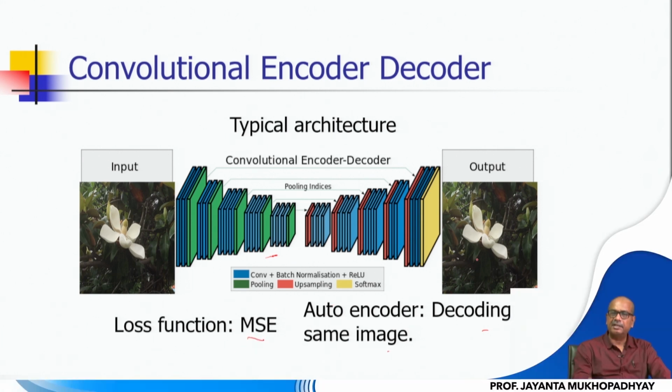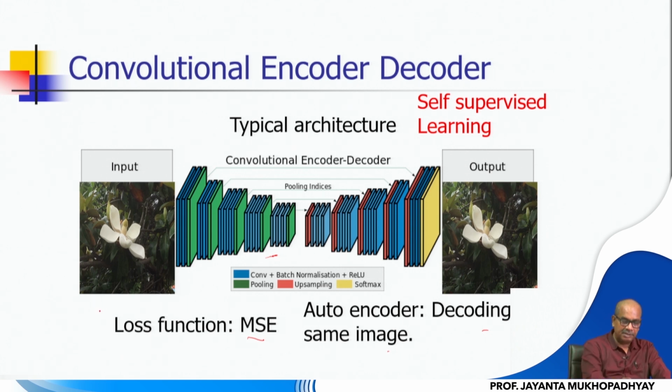Now this has several applications. First thing, you understand that to train this network you do not require annotation, because you are producing the same image. So given any input image, you already have the desired output. That's why we call this kind of learning self-supervised learning. But it could be in various other forms. For example, suppose this one is the black and white or gray level image, and this is the colored image.